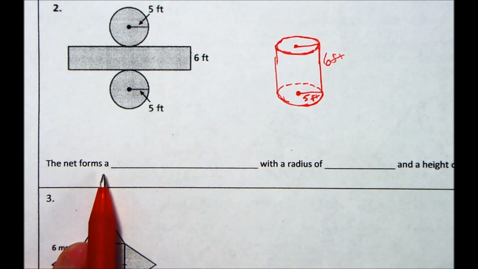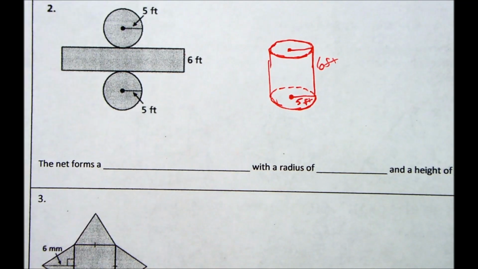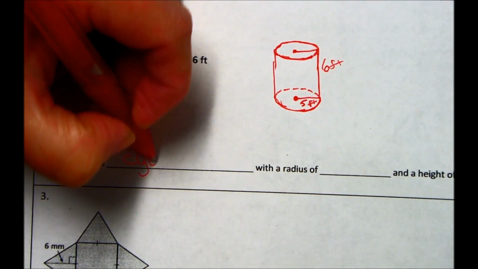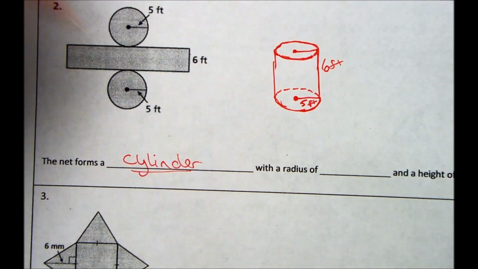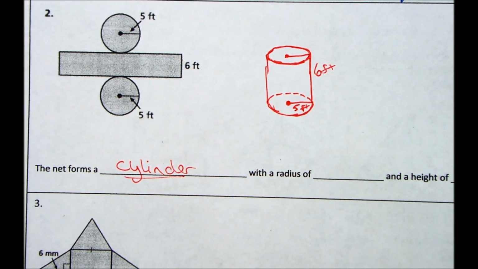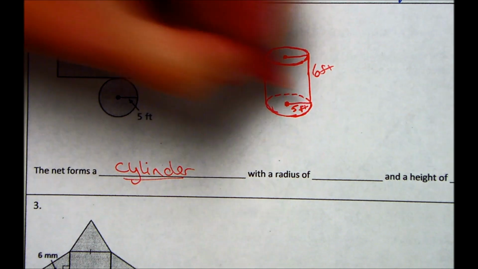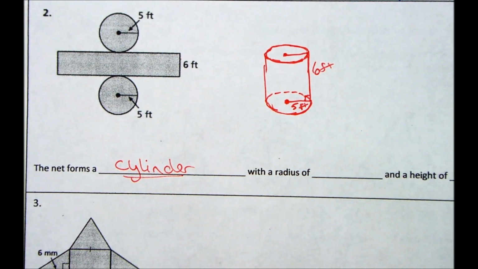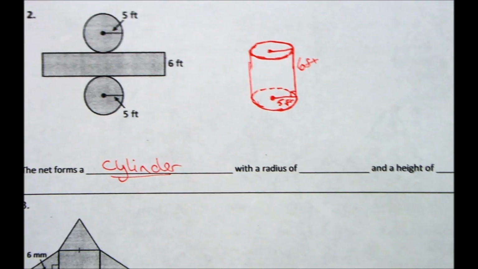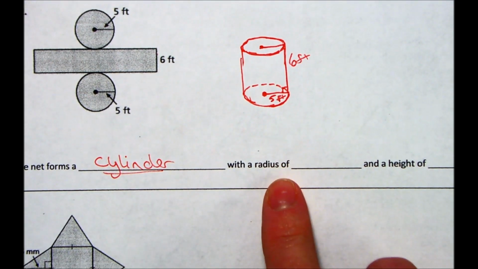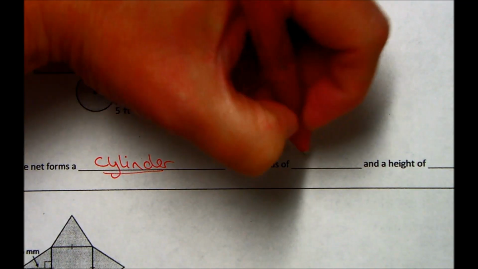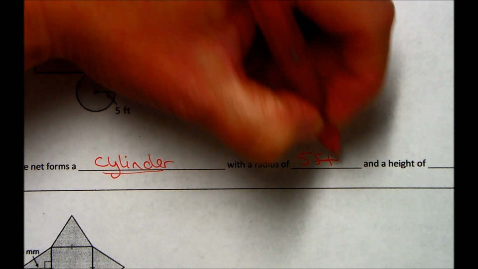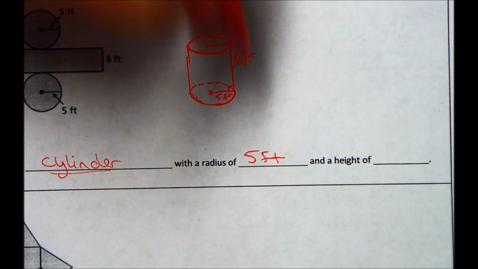So those two dimensions are pretty easy to write in. So the net forms a cylinder. And you might want to say it's a right cylinder because it's going to form a right angle here between the radius and the height. But just cylinder's fine for now. With a radius of 5 feet and a height of 6 feet.